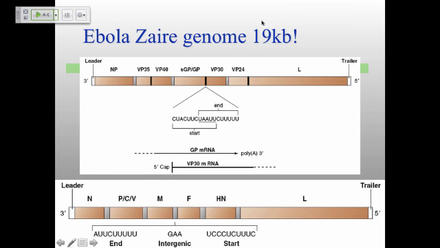One thing is that this one's considerably bigger. It's 19 kb, so it's a pretty darn big RNA genome. The RNA-dependent RNA polymerase here, unlike all of the RNA viruses with the exception of the coronaviruses, is what? Low fidelity, makes lots of mistakes.